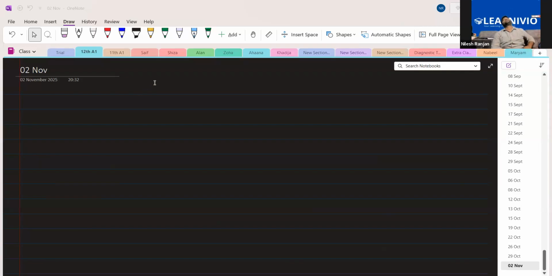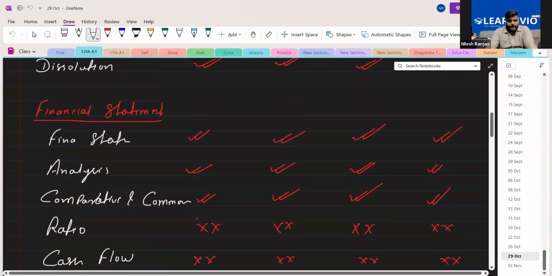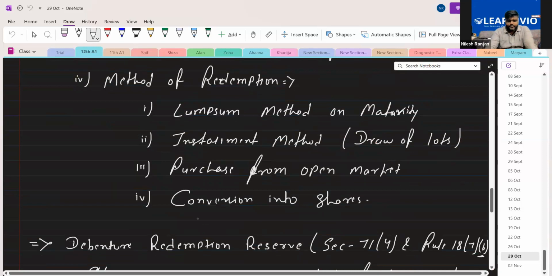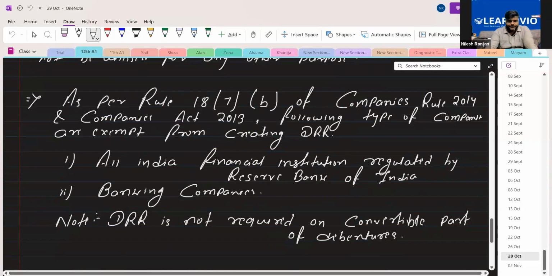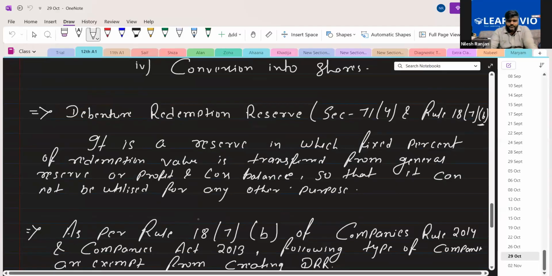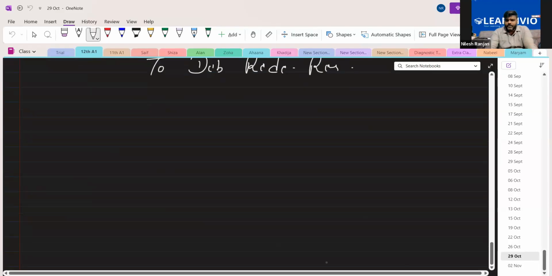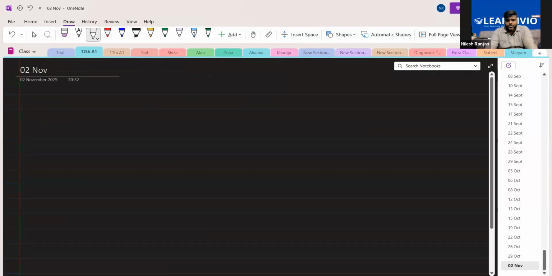Okay, so we have started the redemption in the previous class, so I don't think there is any homework. So in redemption, we have discussed the method, debenture redemption reserve. So debenture redemption reserve we have started.